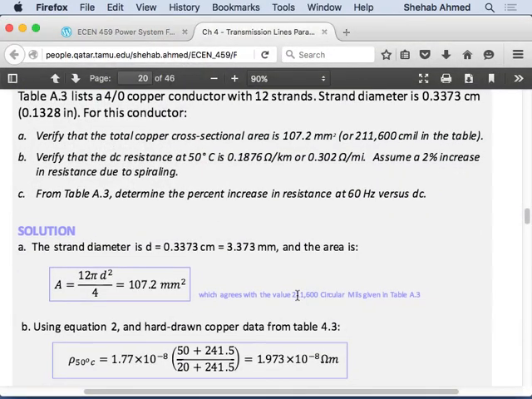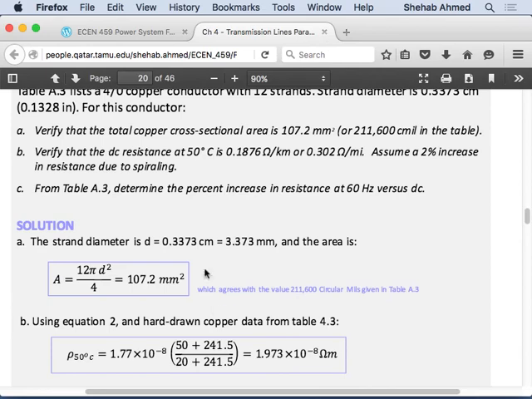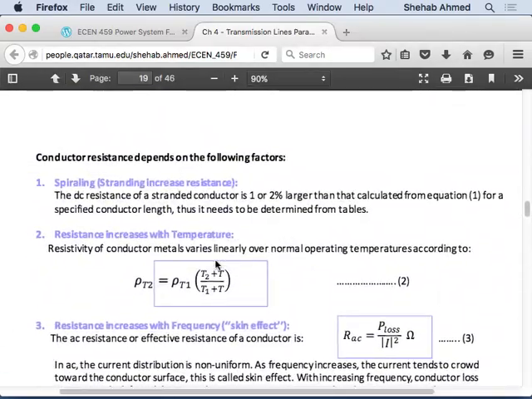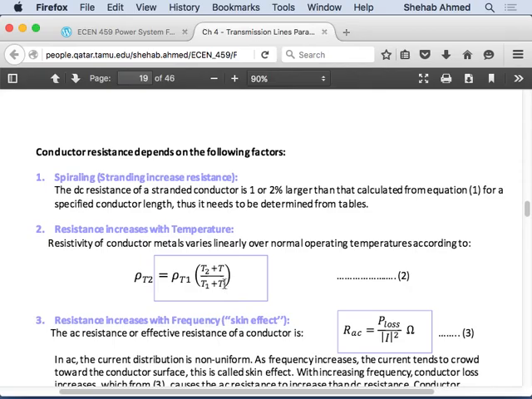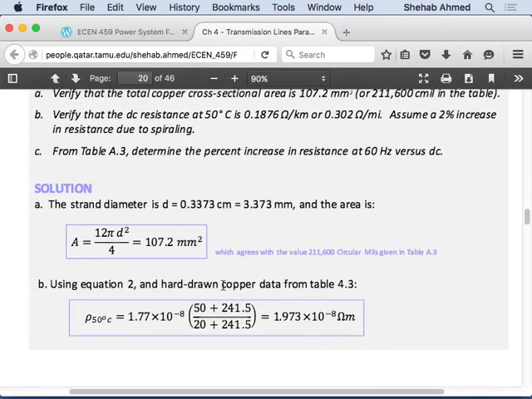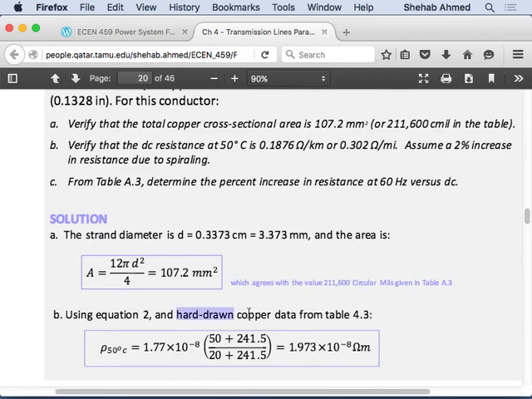So how would you do that? You just substitute in the equation, but this is at 50 degrees Celsius, not at 20 degrees Celsius. So you have to use the equation where you change the temperature, and you have to look at the temperature constant for the specific material. This material is hard drawn copper, right?